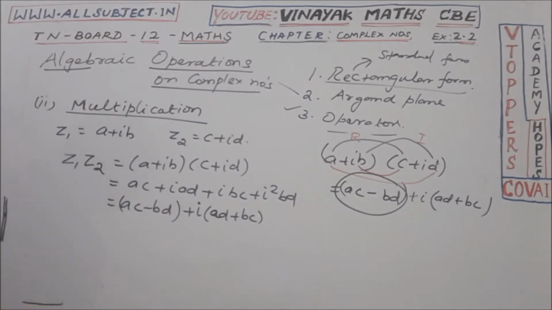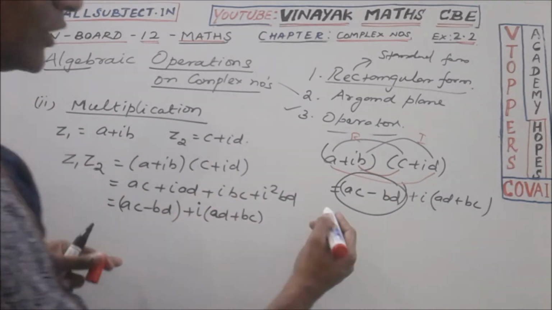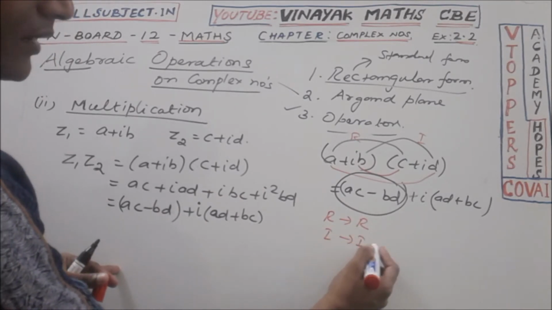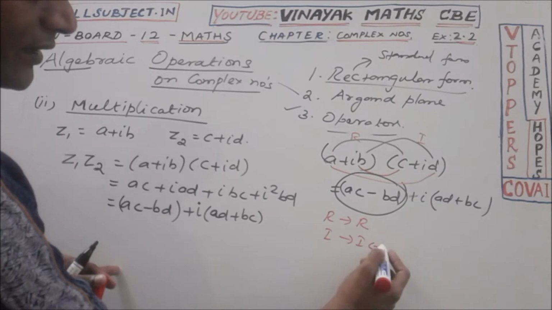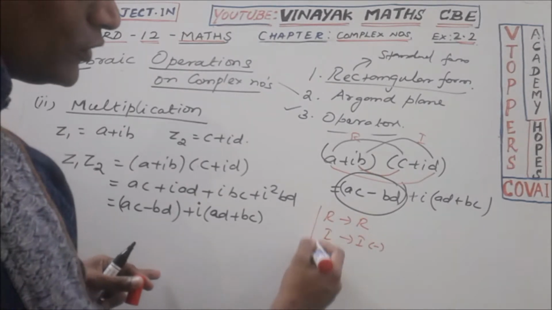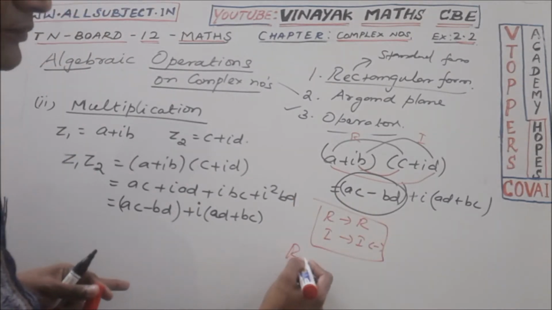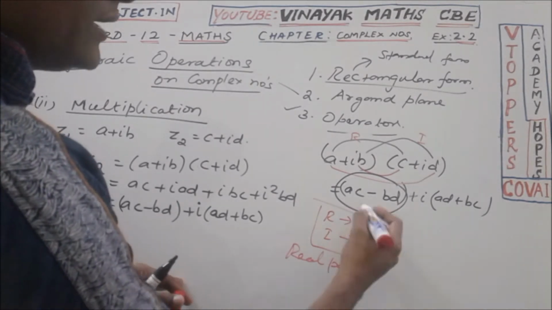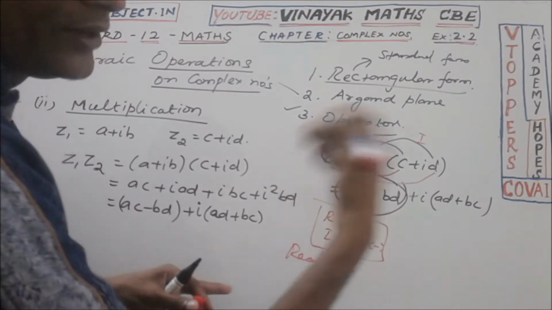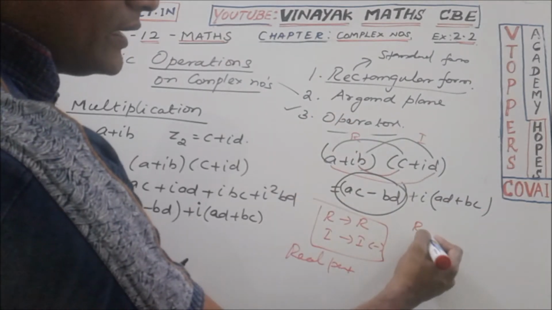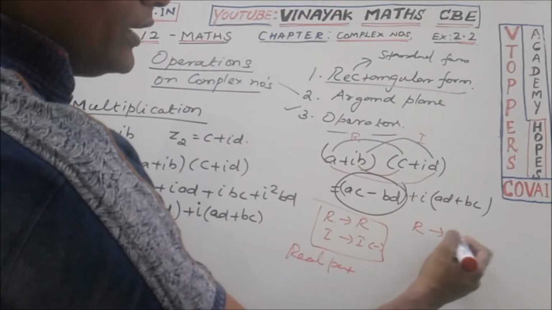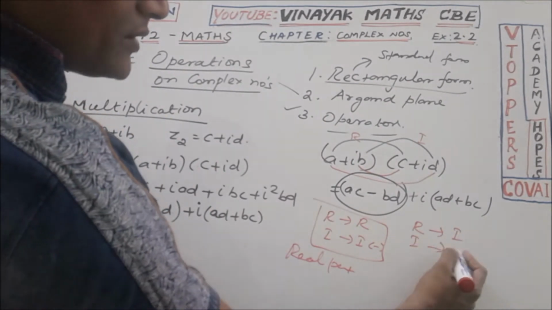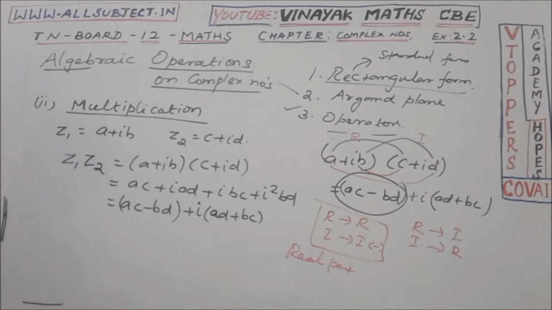To find the real part, multiply first real to real and imaginary to imaginary, and change its sign. This totally gives you the real part. And to find the imaginary part, multiply alternately, that means the real of the first complex number to the imaginary of the second complex number, and the imaginary of the first complex number to the real of the next complex number.